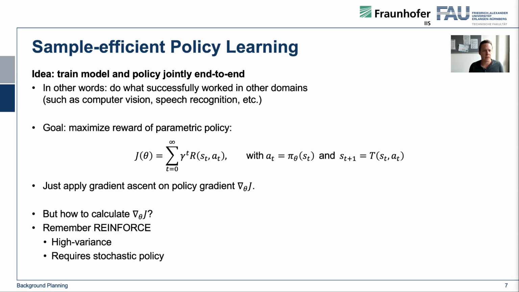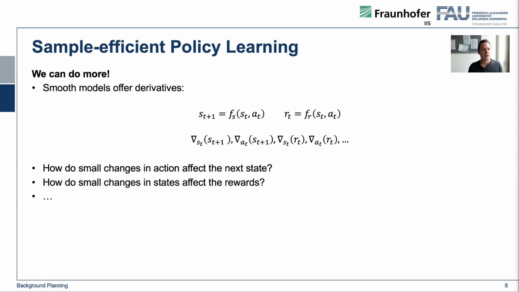While this is conceptually very simple and clean, remember REINFORCE, where we also derived something like this: we have a high variance and we require a stochastic policy. While you cannot plug this in one-to-one in this scenario, we can take all the ideas from when we introduced reinforcement learning and Monte Carlo policy gradient. The question is now, how can we actually do this here?